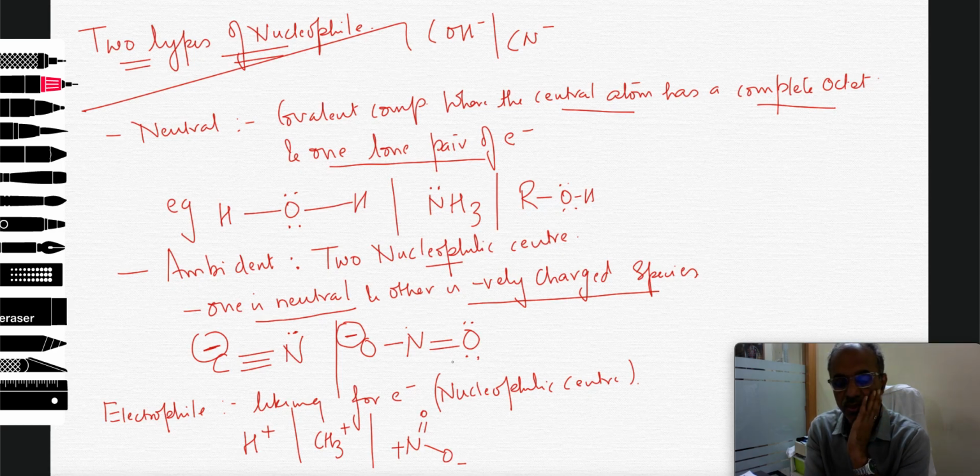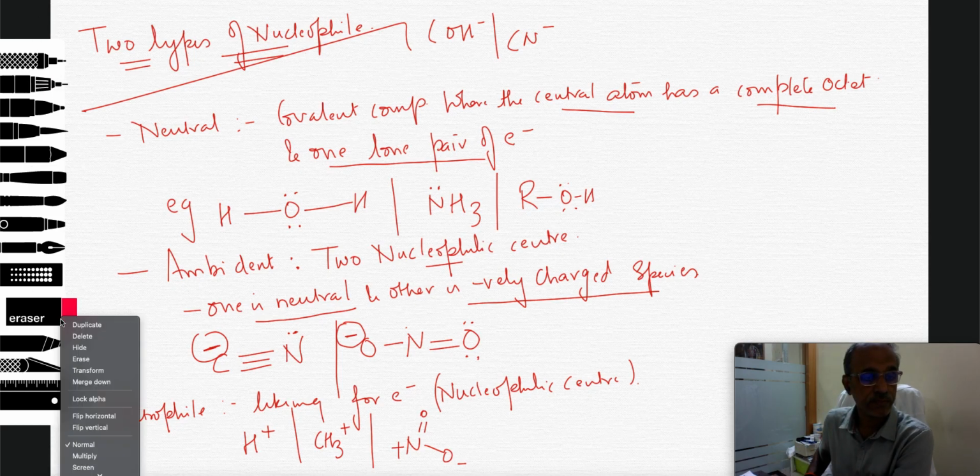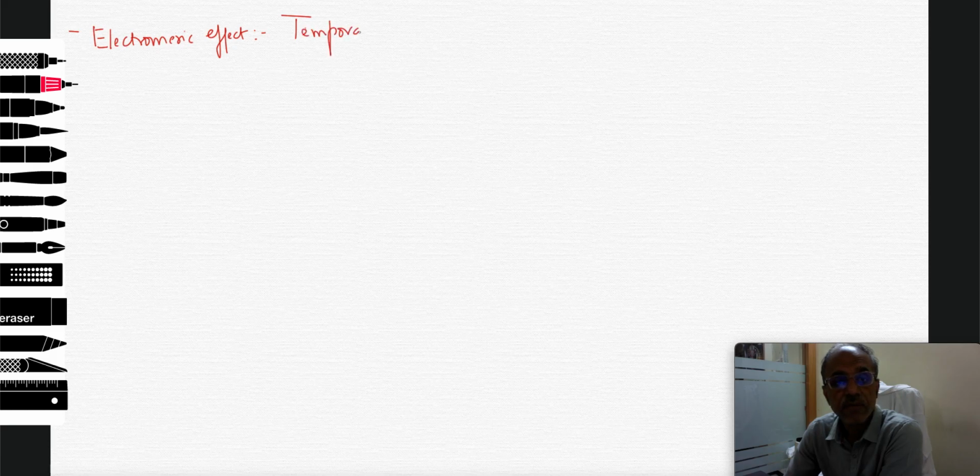Now, henceforth, another type of effects are coming, of which the first one is the electromeric effect. I can say it is a temporary effect.